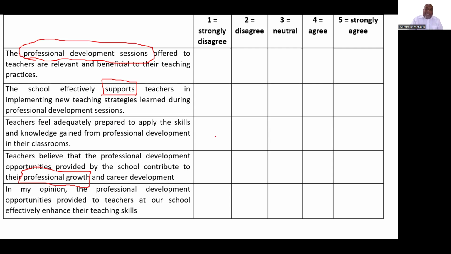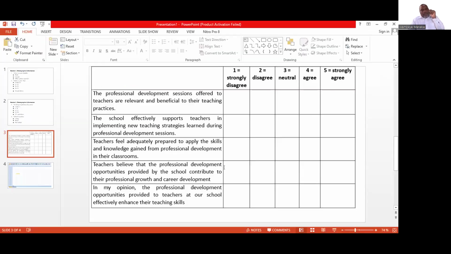Now, we are going to open another program called SPSS, the Statistical Package for Social Sciences, to see how we are supposed to enter the information that we are getting from the respondents.